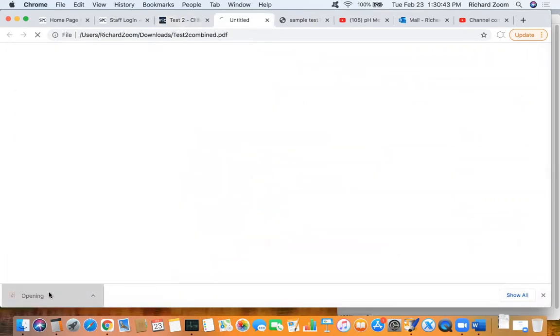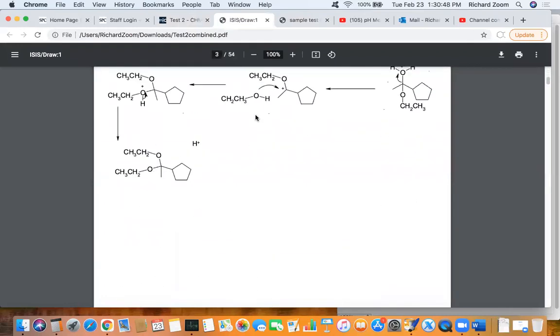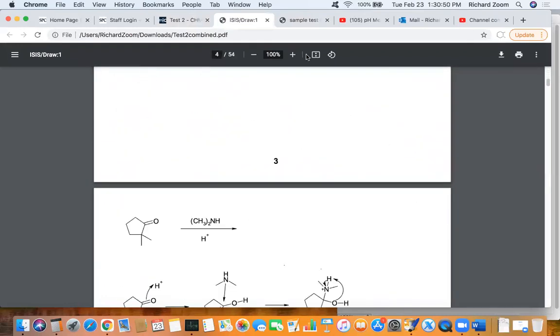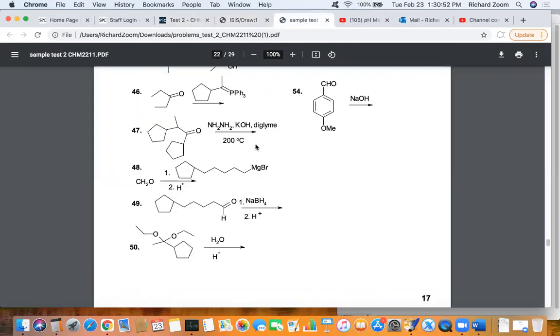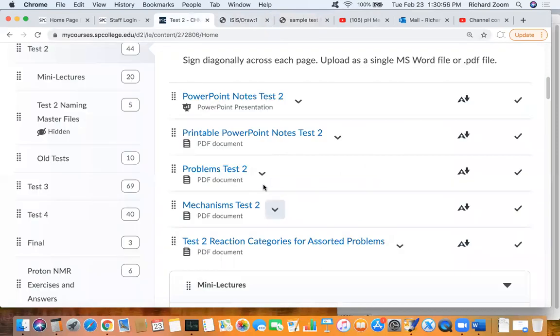I don't recommend that you print them out. Some people do, but you don't have to. But all the mechanisms for all of these problems are in that mechanism file. So I'd recommend that you check your mechanisms against the ones in that file after you've done that. I think that is by far the best way to study for this test.